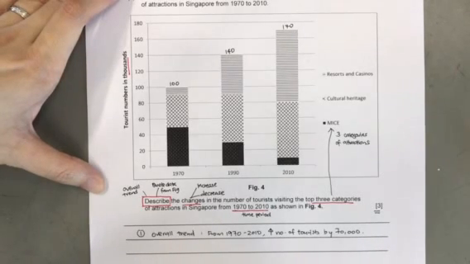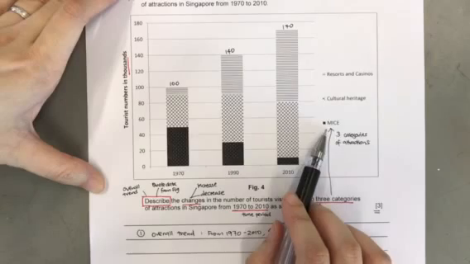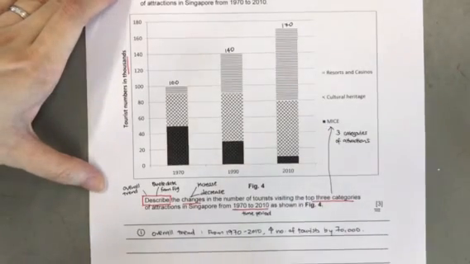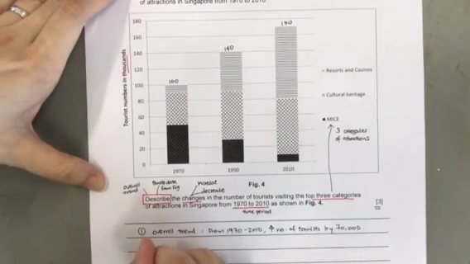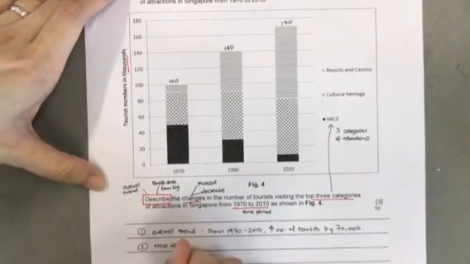After identifying the overall trend, you move into the 3 categories. Okay, we can look at the first category, which is mice. So point number 2, mice attraction.